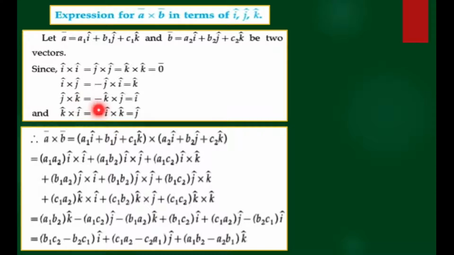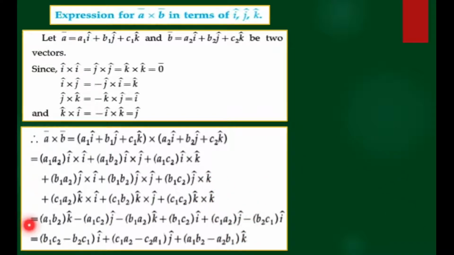This k cross j is minus i. So we write a minus sign, minus b2 c1 i. Then the last term k cross k, this value is 0, so we do not write it.